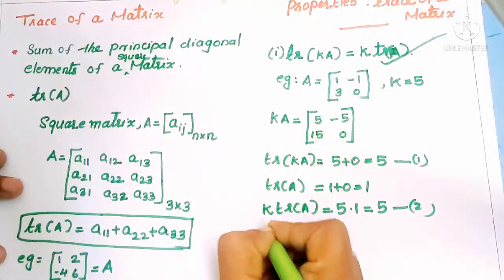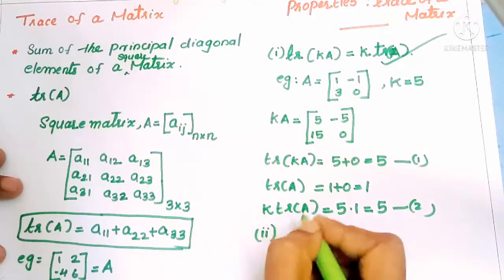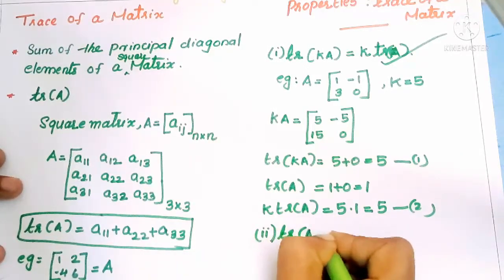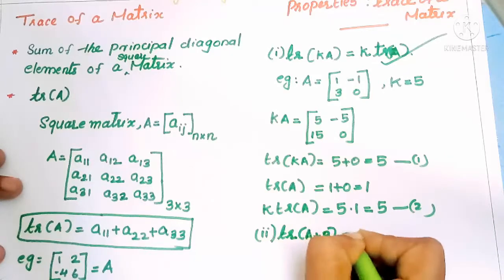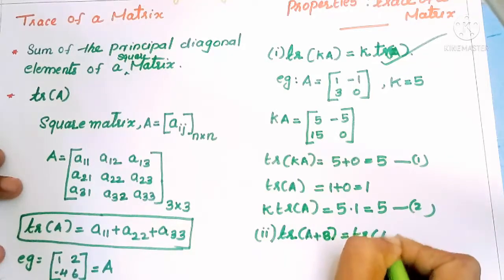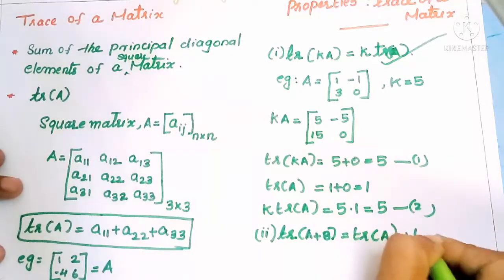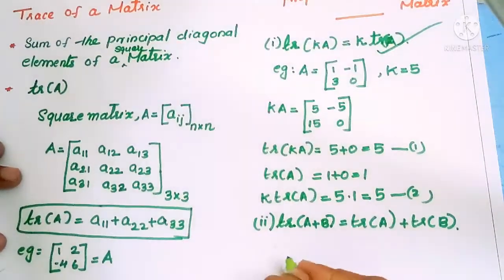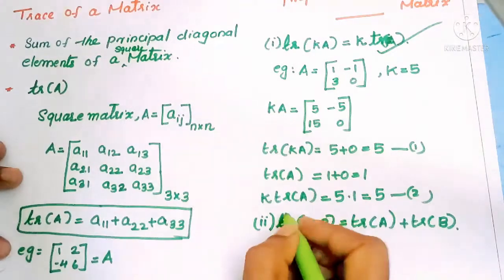Next, move to the second property, that is trace of A plus B should be equal to trace of A plus trace of B. So to prove this condition, here we can take two matrices.